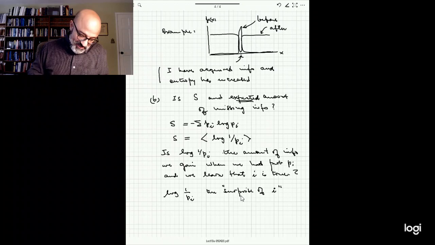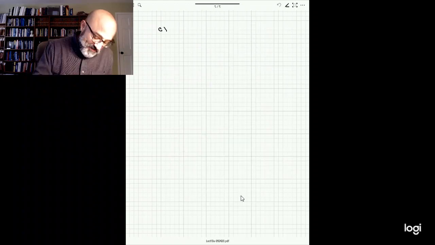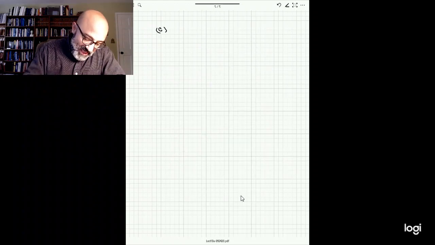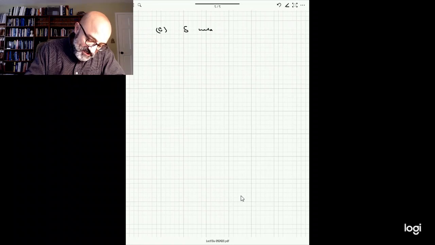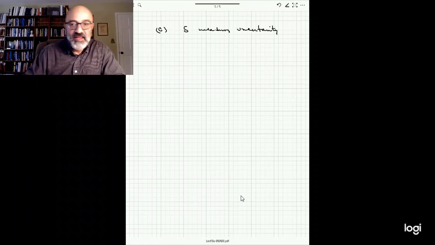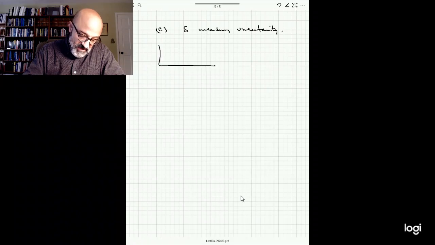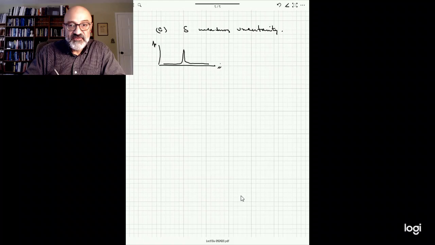Here's another interpretation. S measures uncertainty. Now that's not too bad. After all, if you have a distribution of probabilities that is very sharp, this has low entropy.